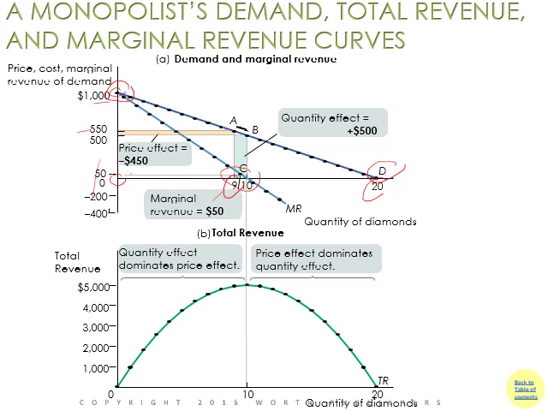But at this point, what we're showing is the demand curve and marginal revenue on the same first graph. And the second graph shows what happens to total revenue as your sales increase.